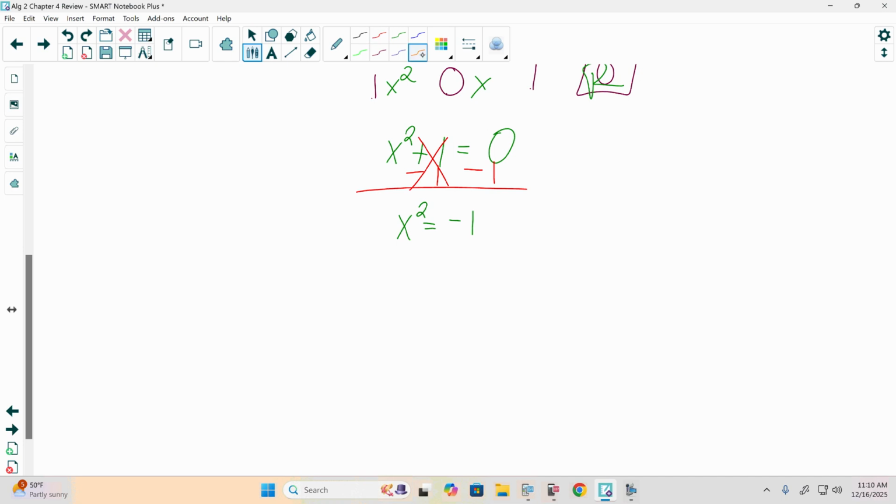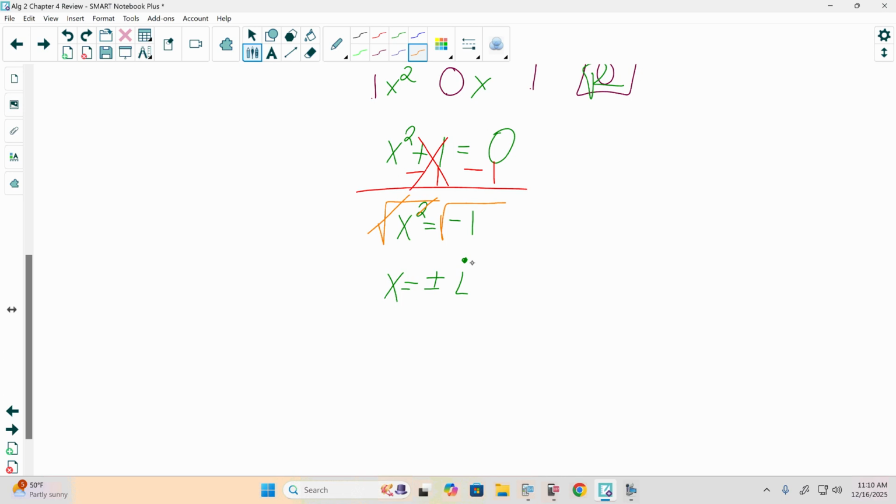And once we get the x squared by itself, we can square root both sides because the square root of x squared is just x, equal to plus or minus. Whenever you take the square root of both sides, we have to put the plus or minus. Square root of negative 1 is, by definition, i. i is the square root of negative 1.